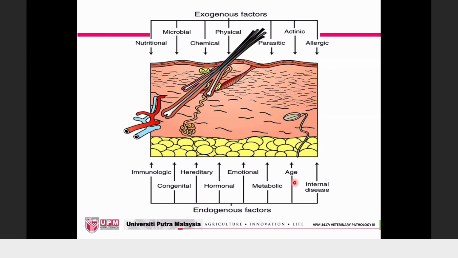And then other internal diseases, I mean anything, maybe infectious like HIV, even diabetes, also can lead to skin manifestation. Okay. I think that's all for the lecture today. Any question?